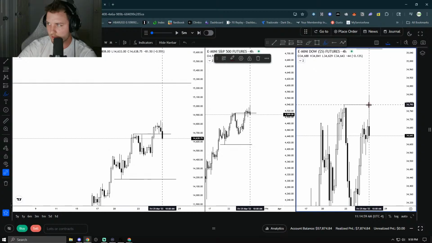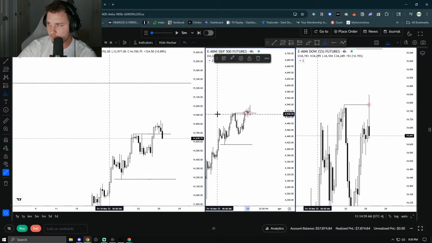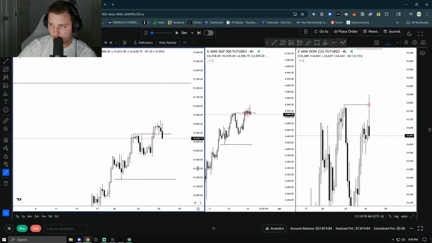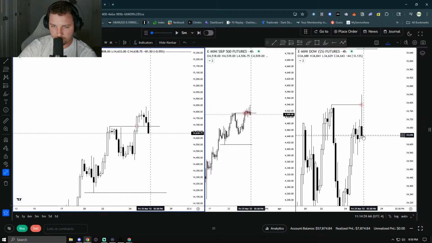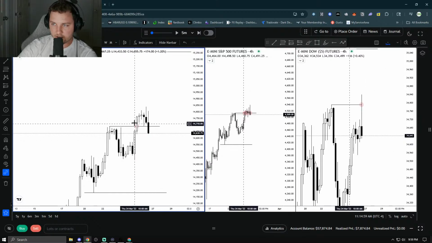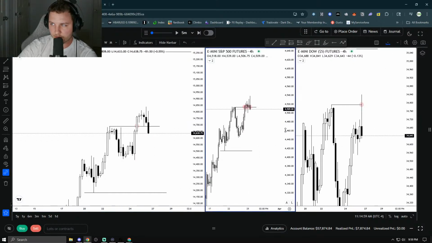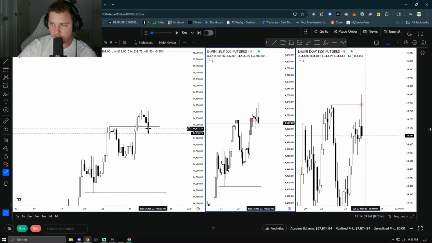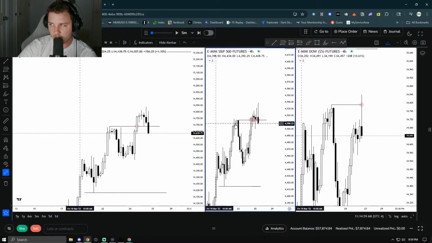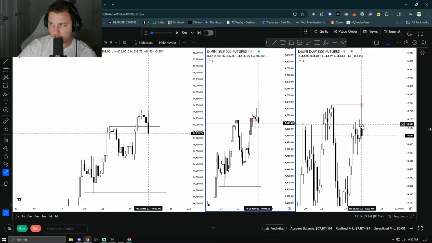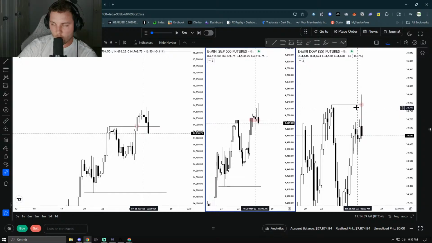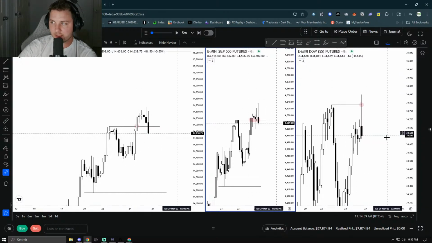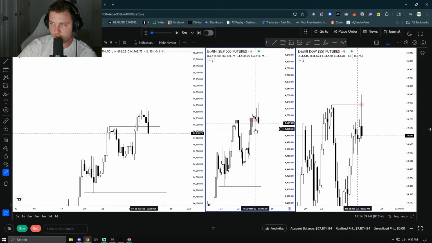Just highlight. Prior to this, we had SMT. Except we expand, consolidate, expand, consolidate, expand, consolidate. We know ES or YM is taking this high. Once we take this high, then we can take the low.